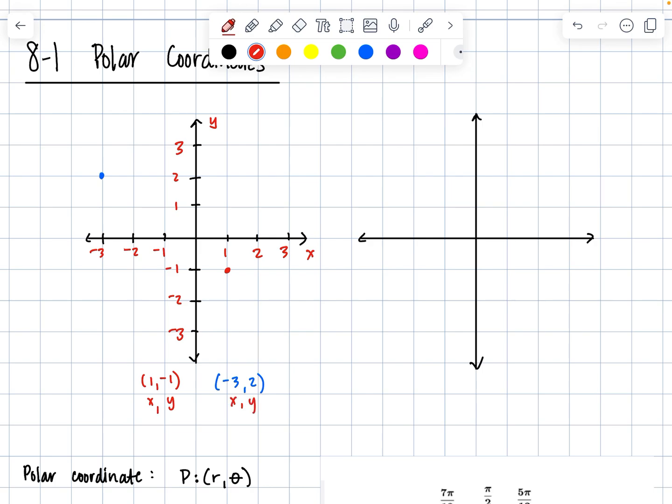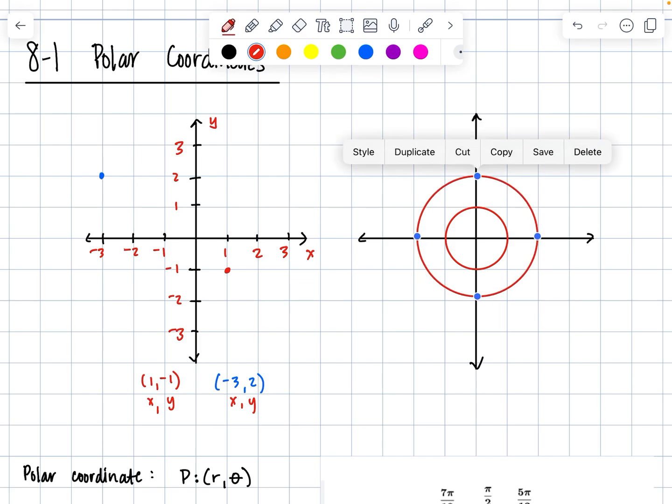Okay? Now, polar coordinates are very different. If you think of the word polar, hopefully you think of polarity or like the North Pole, South Pole. Things that are polar are actually measured circular, or elliptical. So instead of having rectangular coordinates, we have things measured in circles.